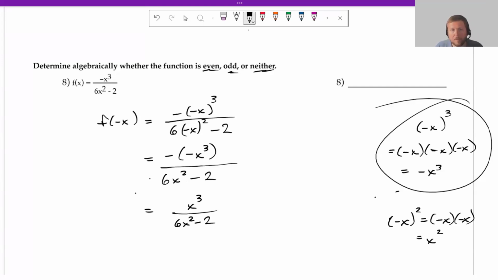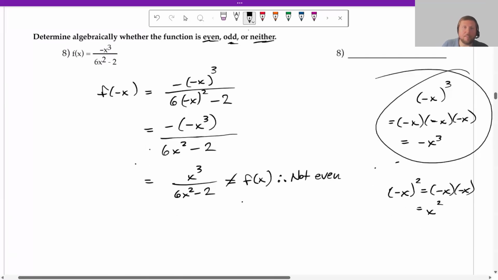It looks very similar, but it's missing a negative sign. So we have to say that it's not equal to the original function. So far, we can declare that it's not even, but we're not done because it asked even, odd, or neither.